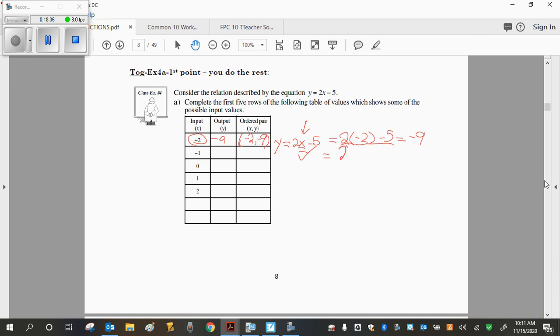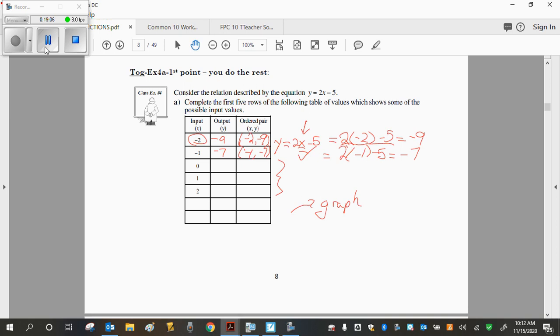And same equation, so now we substitute -1 in for x and calculate. You get -7. That's the point, -1, -7. So go ahead and finish those 3 points, and then I want you to go to the next page and graph them on the grid.